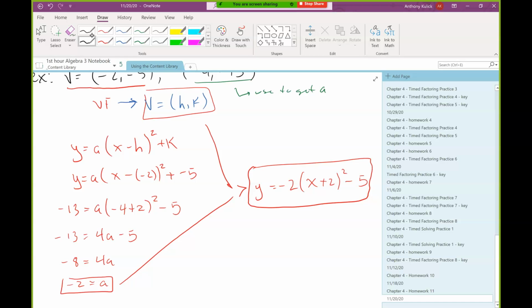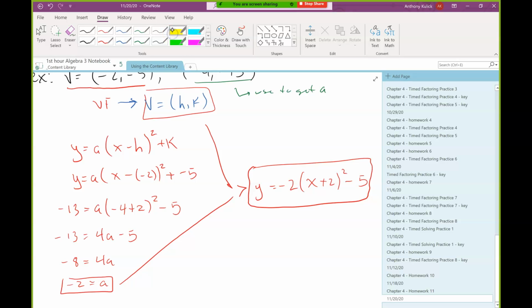So the key is remembering which one of the 3 forms that you want to use for the given information, right? So if we're given a vertex and some other point, we want to use vertex form. The vertex gives us the values for H and K. We use that along with plugging the other point in for X and Y to solve for A. And then we can write our vertex form equation.